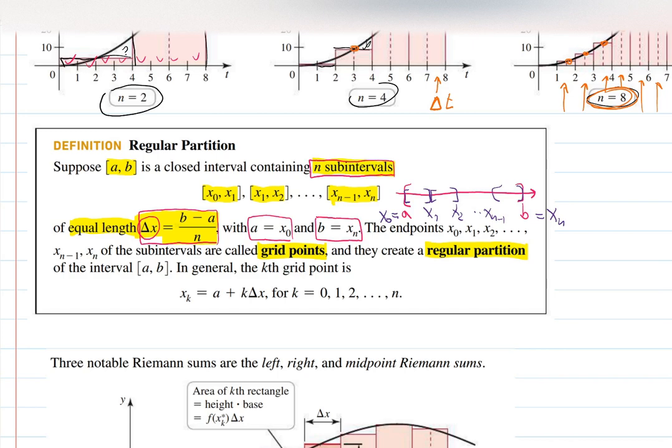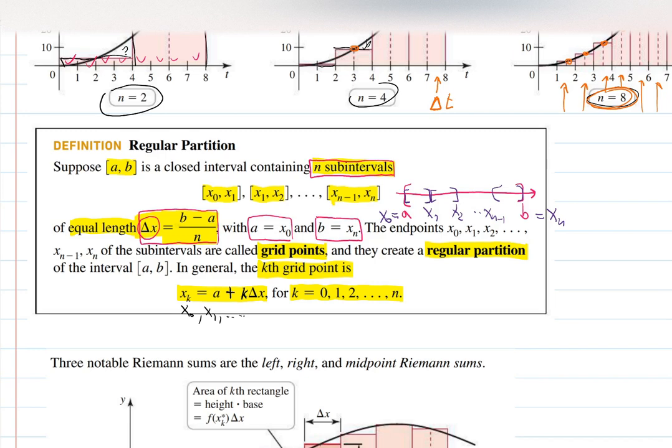And in general, you can say that for any x sub k, where k is 0, 1, 2, 3, 4, up until n, so x can be x0 or maybe x1 and so on, you will have a, that's the starting point, plus k times delta x. And k here is the k-th grid point. So if I want to say, where is the location of the 8th rectangle?